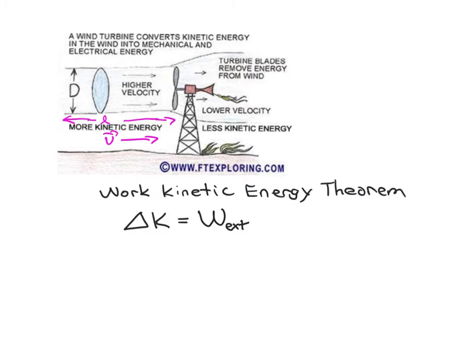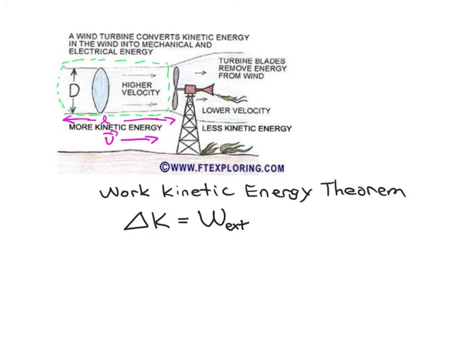And so the system in this case, let's be very explicit about it. We're going to draw a dotted line around this section of the moving air, and we're going to apply the work kinetic energy theorem. The delta K, as this system of air moves past the turbine, is going to be a negative quantity.